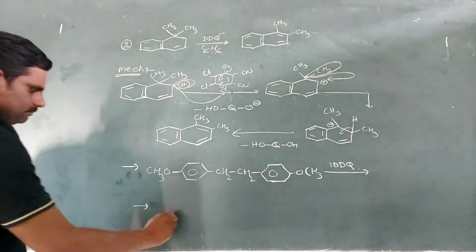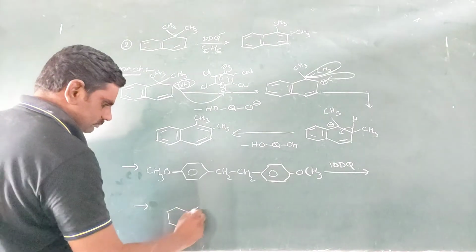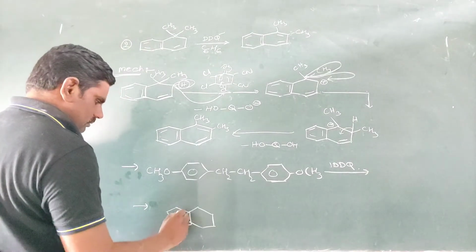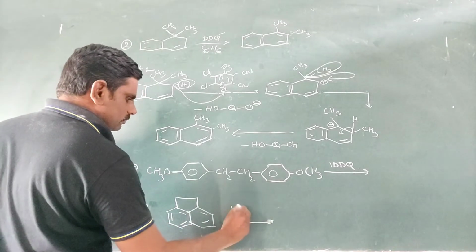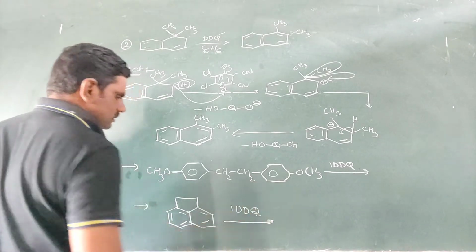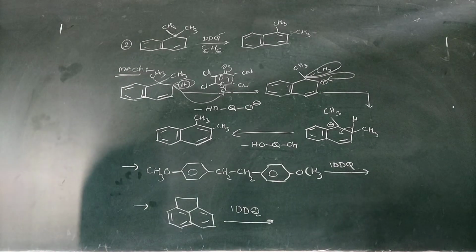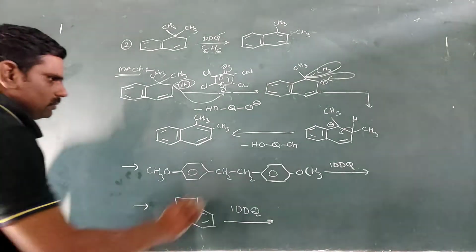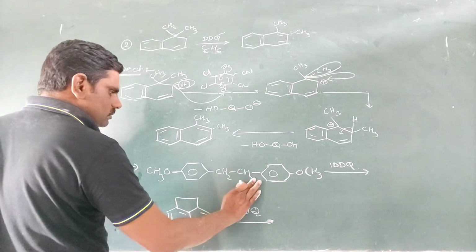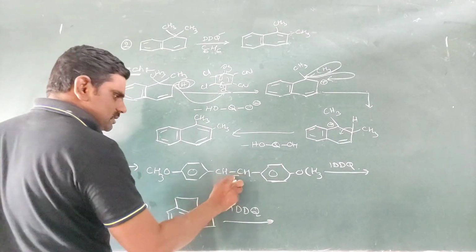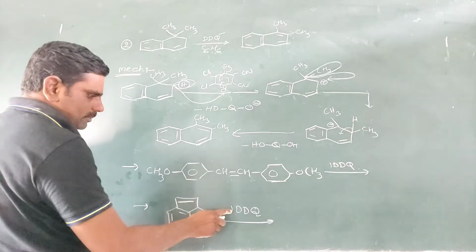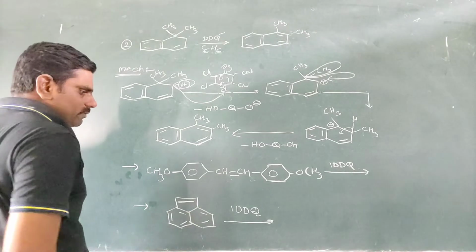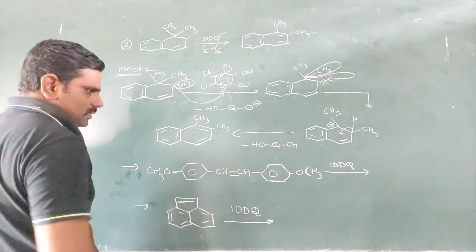The next one. One equivalent of DDQ is used. So try to write the product. Now the answer: when one mole of DDQ is used, one double bond is formed. This is the product. So here also one double bond is formed because we use one equivalent of DDQ. This is also the product in this reaction.